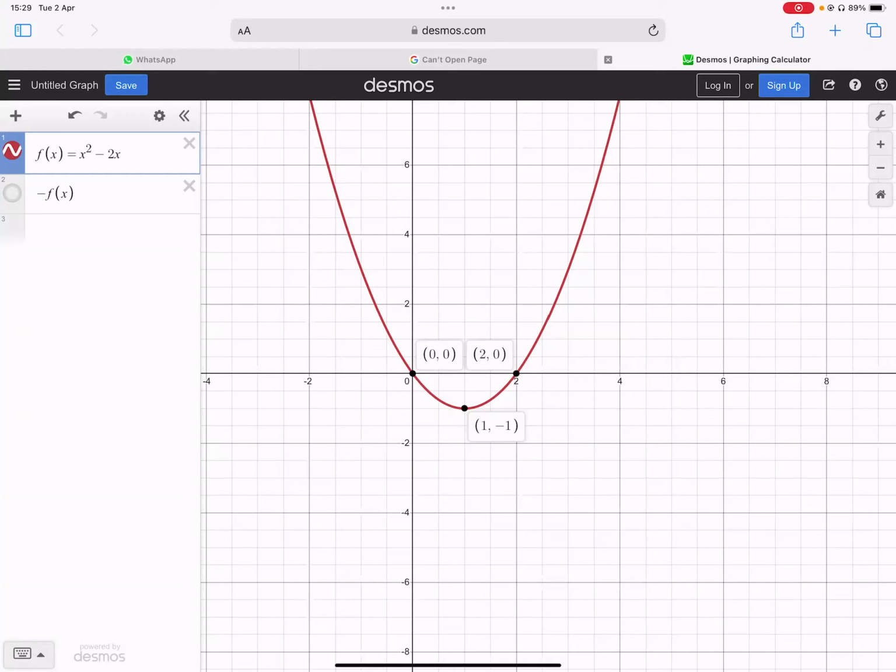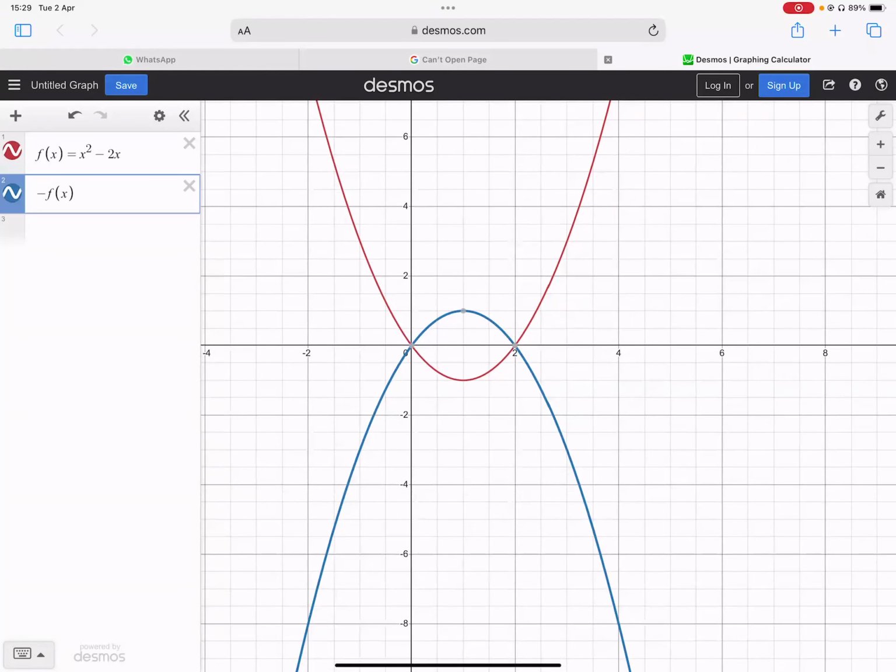the sign of every y coordinate is going to change. It's going to flip. If the y coordinate was negative at some point, it will become positive. If it was positive, it becomes negative. So the points above the x-axis are going to move down, and the points below the x-axis will move up, and the graph will be reflected in the x-axis like this.